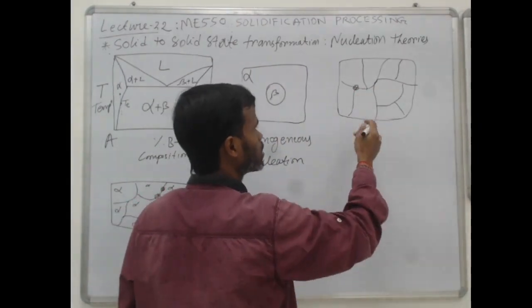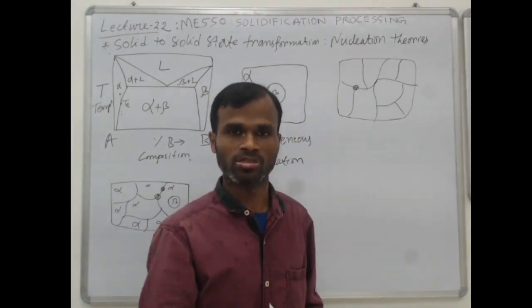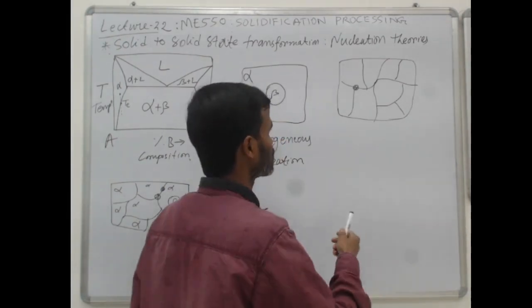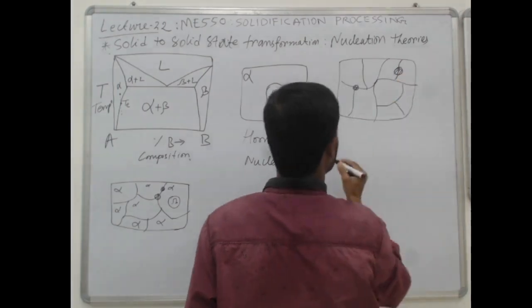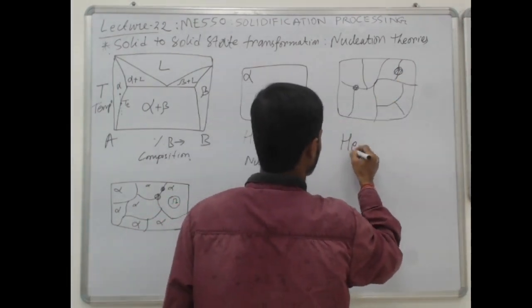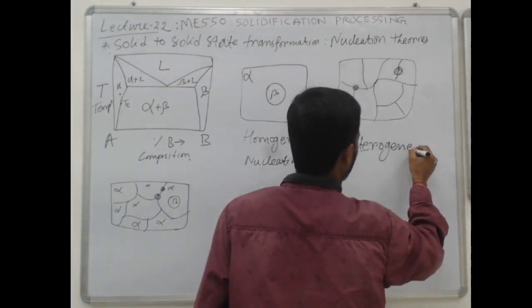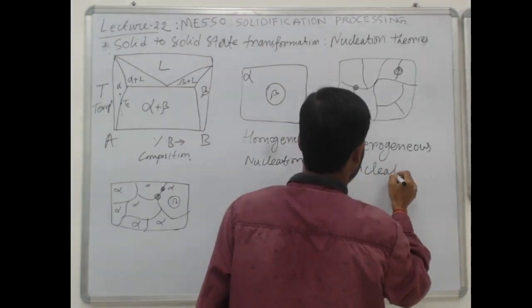As we have discussed earlier, the energy required for the formation of the beta phase will be less. We can consider this kind of nucleation as heterogeneous nucleation.